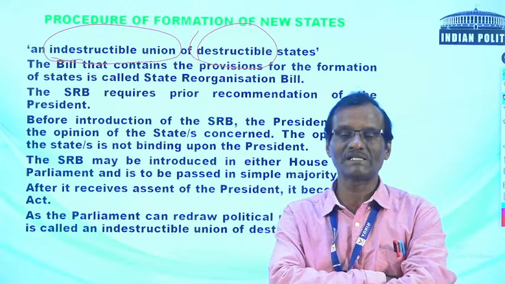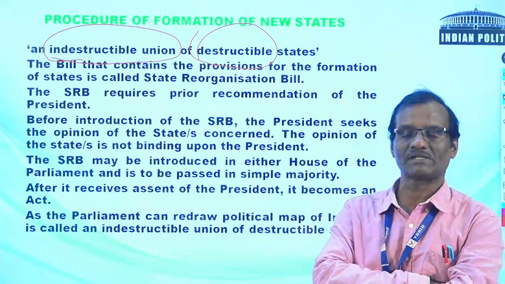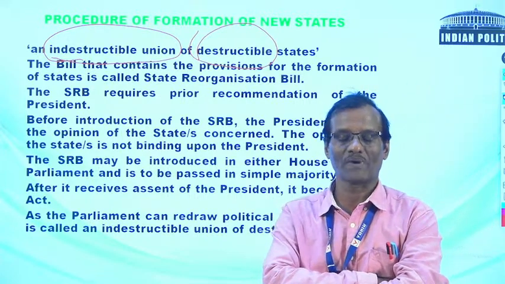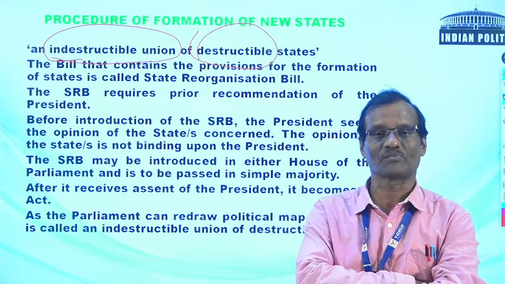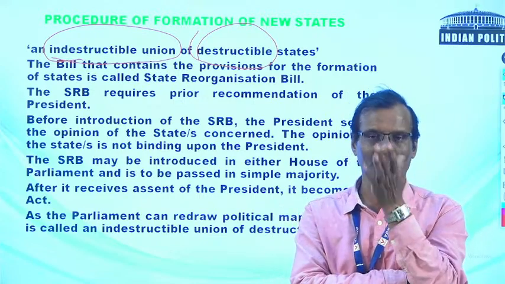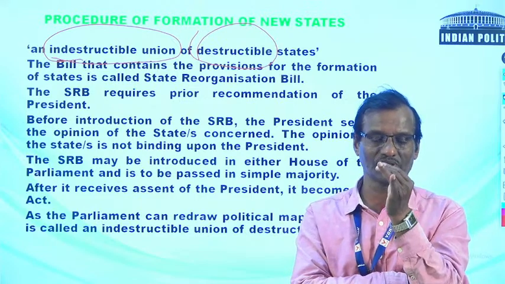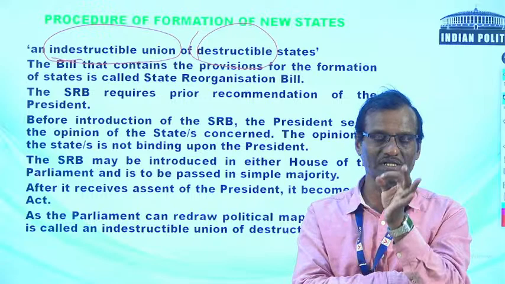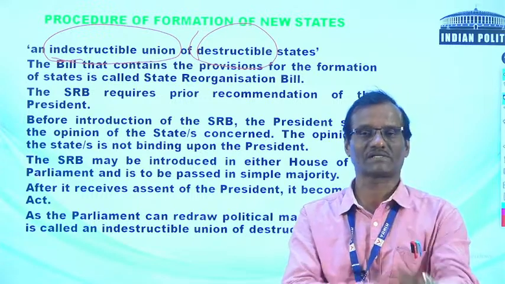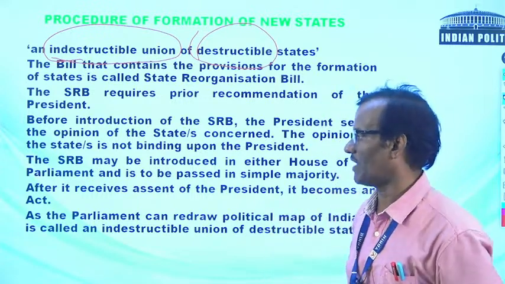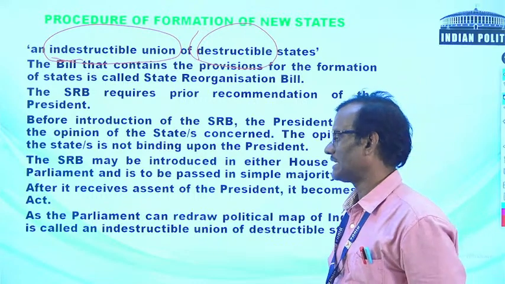After that, the bill is introduced in either house of the Parliament, and it has to be passed separately by each house by simple majority. After the bill is passed by simple majority, it is assented to by the President. After it gets the President's assent, it becomes an act. The new state is declared to be formed. That is the procedure.